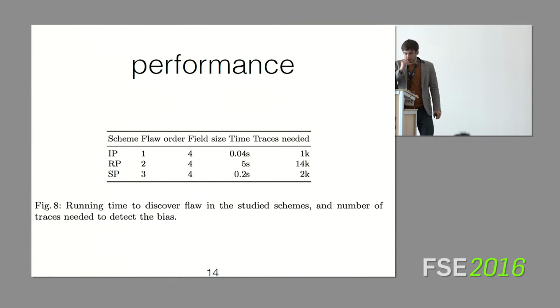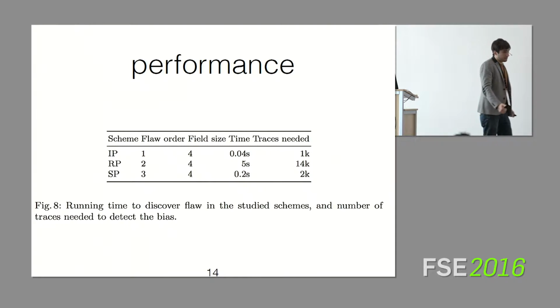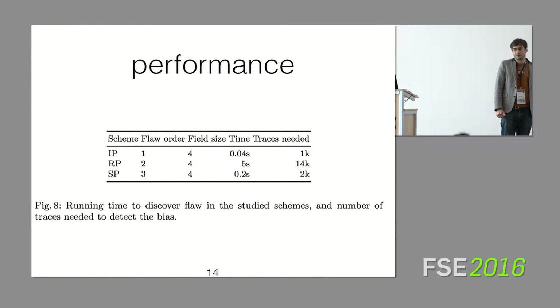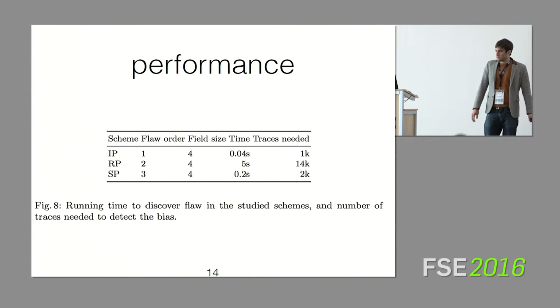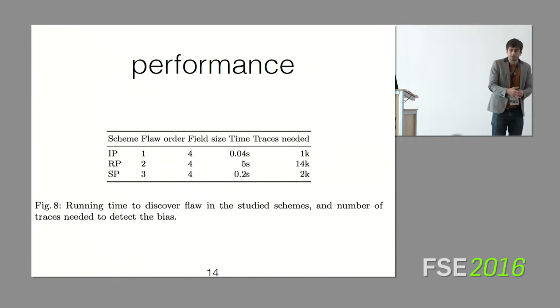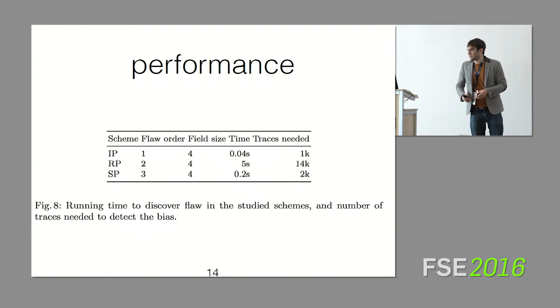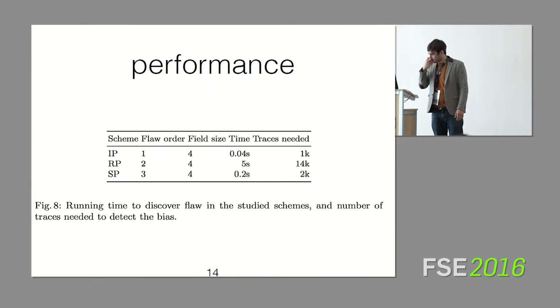As for the performance of this tool, I already talked about how it scales with the order. You can run it on a laptop, I run it on mine. I don't need a special supercomputer or something like that. Of course, it's highly dependent on how you strip down your masking scheme, but the running times are manageable.